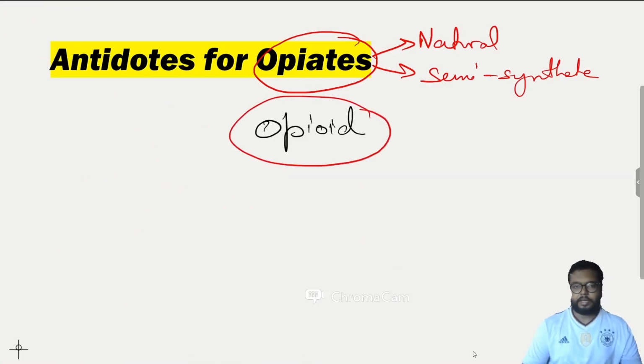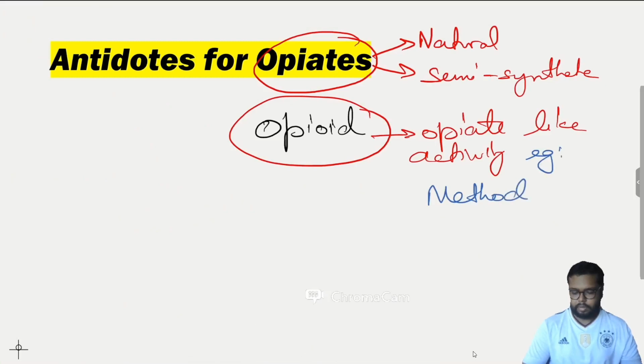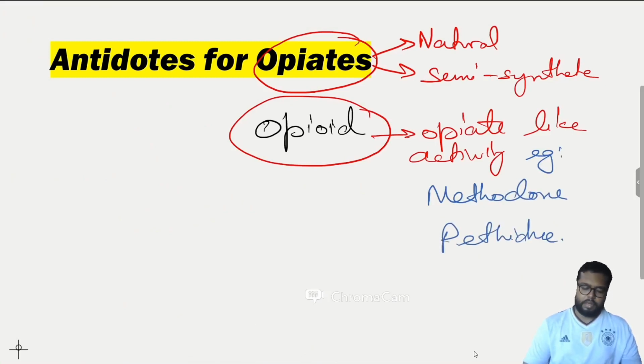Opioids are substances having opiate-like activity. Examples are methadone and pethidine. So these are opiates and opioids. Opiates are derivatives of opium alkaloids, and opioids have opiate-like activity.